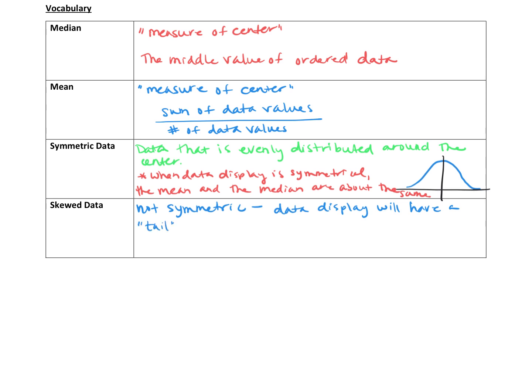It kind of looks like a tail. We refer to it that way sometimes. The data display will have a tail to the right or left of the rest of the data.